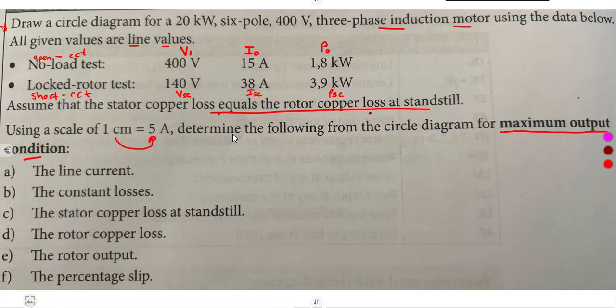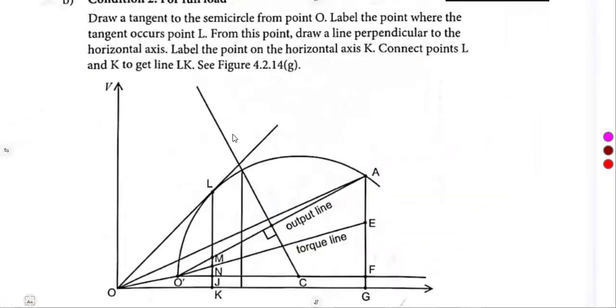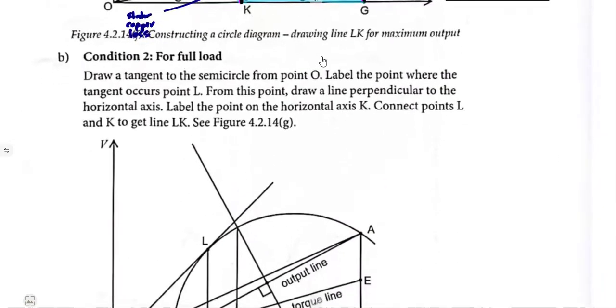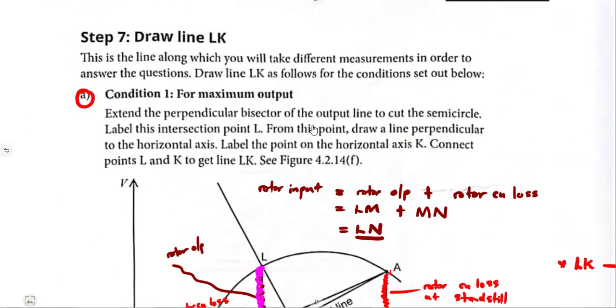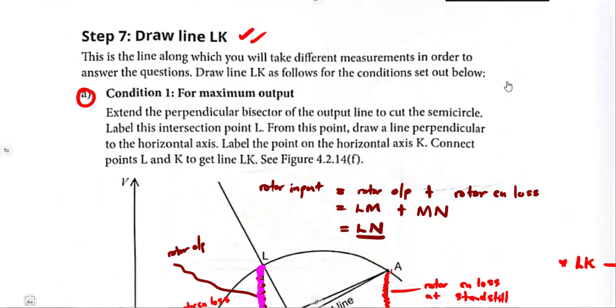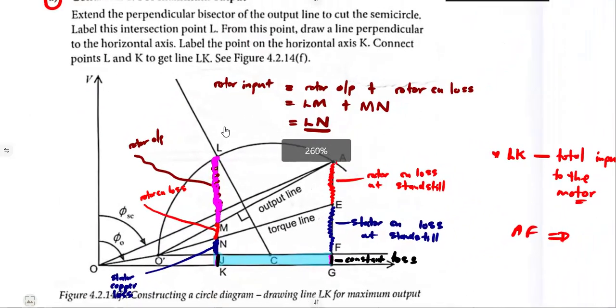Remember from our diagram, as we had the steps that we referred to before, the conditions for a full load and for maximum output are going to affect the line LK. And I talked about that line LK, that a lot of things can be determined from that line. So we are going to see that one at the end. Do not worry about that.